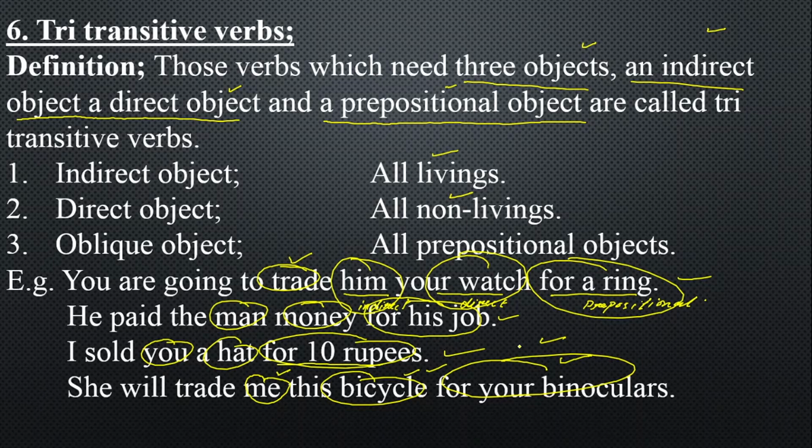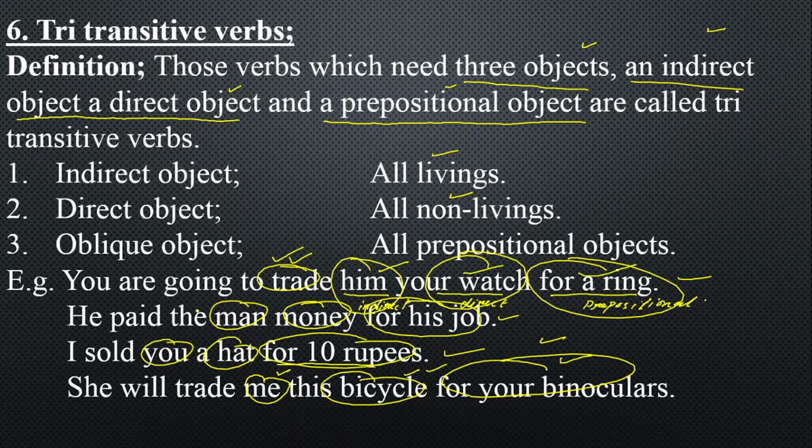So those verbs which are followed by three objects, and those verbs which need three objects: a direct object, an indirect object, and a prepositional phrase or prepositional object, are called tri-transitive verbs. So your first tri-transitive verb is trade, which is followed by three objects: him, your watch, for a ring.